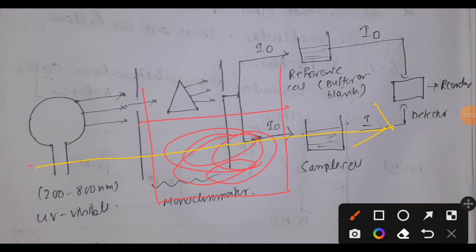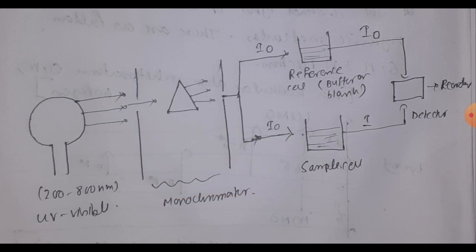All the molecules will show absorbance, and by simply determining the change in absorbance you can study the reaction kinetics. So that's how with the help of UV visible spectroscopy we can perform various things.